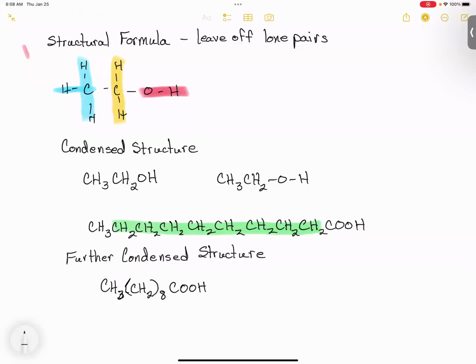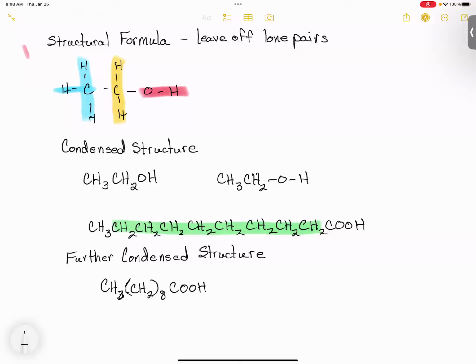That definitely made our lives a lot easier. And when we get into talking about your carboxylic acids that go into making lipids, this is the type of formula that you'll probably see, where we put all the CH2s together and don't actually write out all the CH2s.